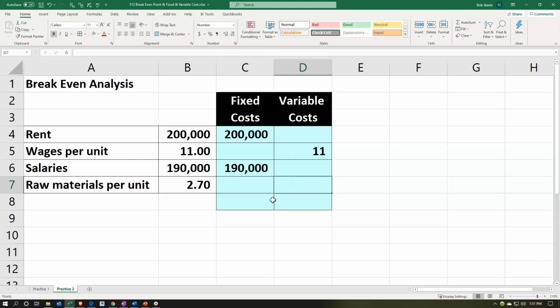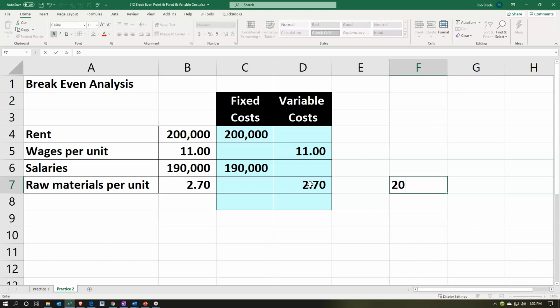This is the most common example of a variable cost. So the raw materials, and I'm going to add decimals, highlighting these, home tab, Numbers group, add a few decimals there. So this is going to be the most common thing. So materials, if we make things, obviously as we increase the production level, the total cost of the materials will go up. So let's think about that again.